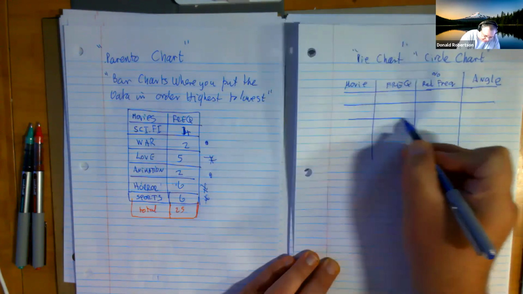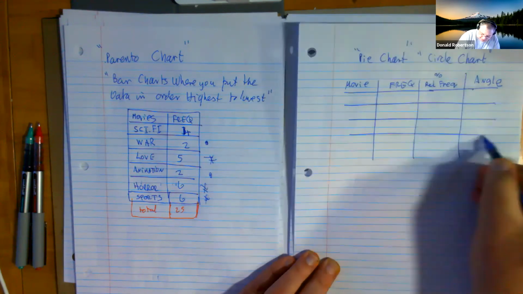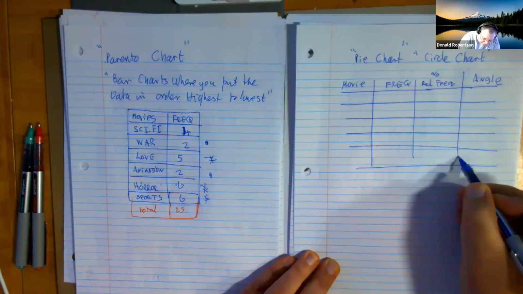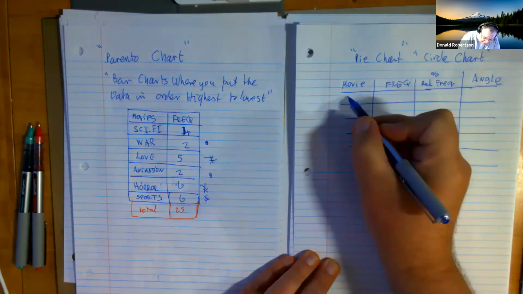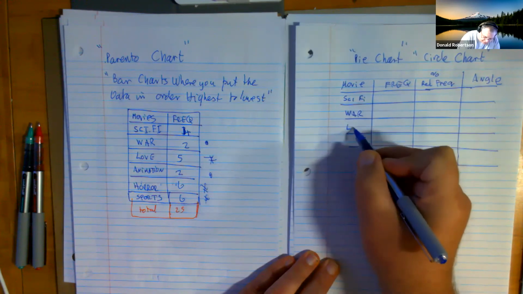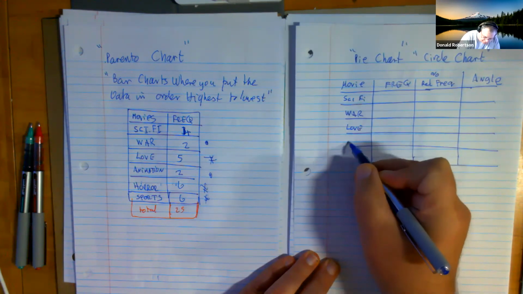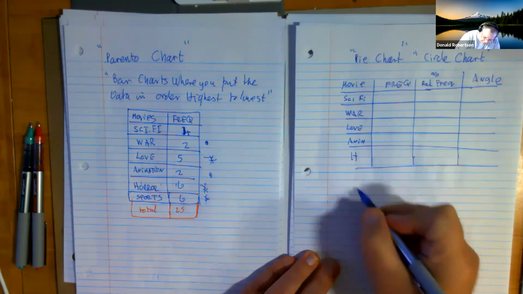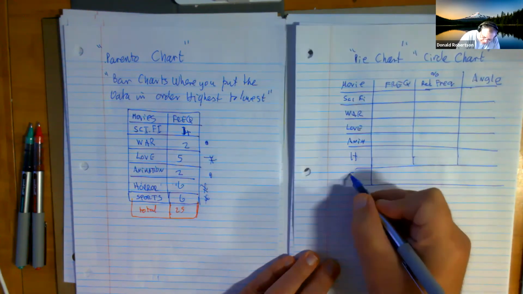So we need this diagram here to help us to draw a pie chart. So here's the sci-fi. Here's the war. Here's love. Here's the animation. There's H for horror, and we'll need one more obviously now. And there's sport.